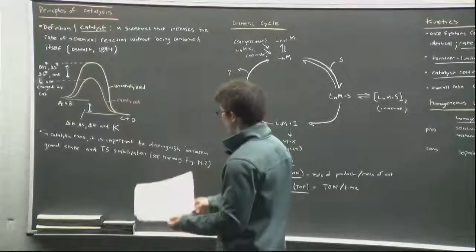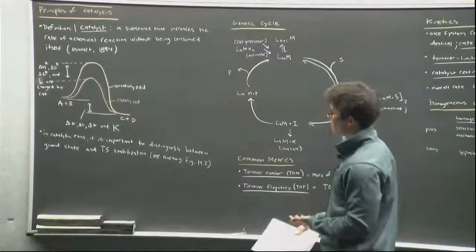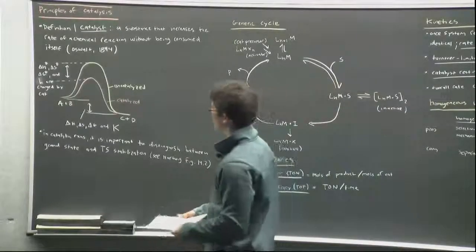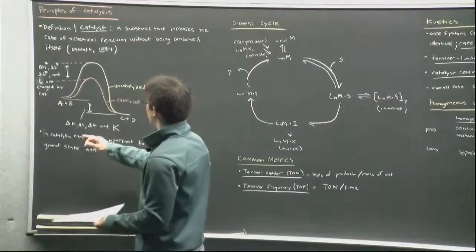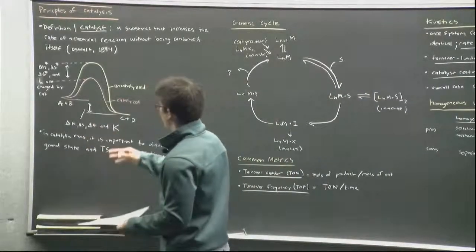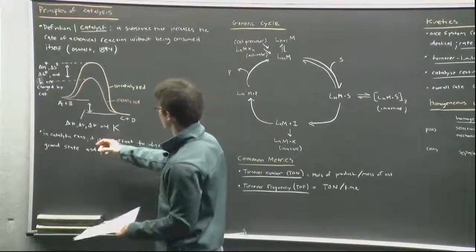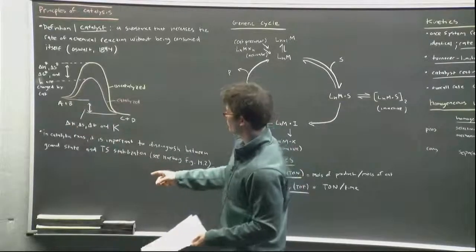And so, again, one of the points that we made earlier in the class is the distinction between kinetics and thermodynamics. We'll keep coming back to this again and again. A catalyst does not in any way change the thermodynamics of a chemical reaction. So take this hypothetical A plus B goes to C plus D reaction.